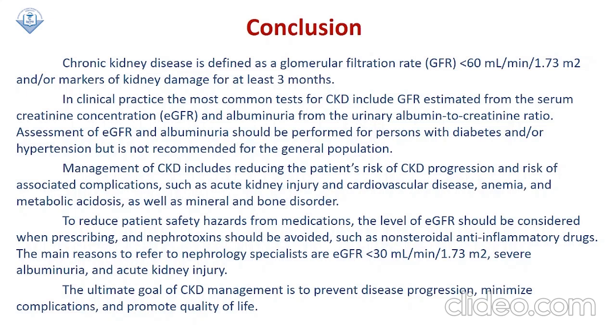But it is absolutely possible to slow down progression and to avoid end-stage problems if we start treatment in the early stage. And to do this, we must recognize the problem in the early stage.